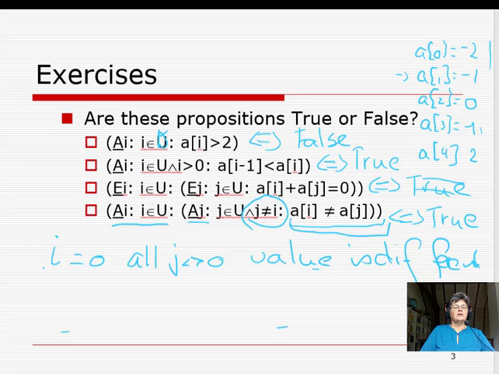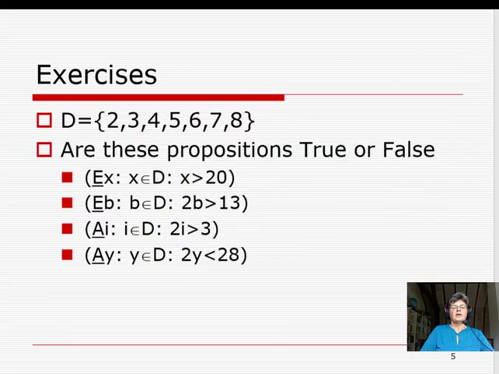Okay, then another exercise. So we have a domain again, and then they ask us, is the proposition: there is an element coming from that domain such that the element itself, so x itself, is larger than 20. Okay, can you find one element in the domain which is larger than 20?